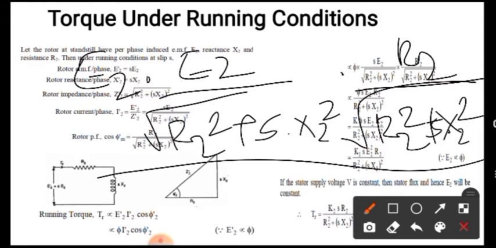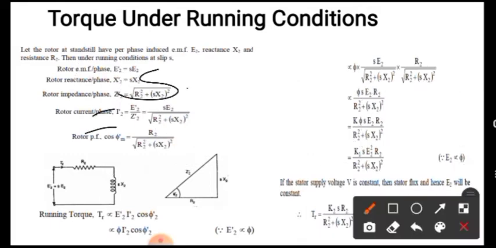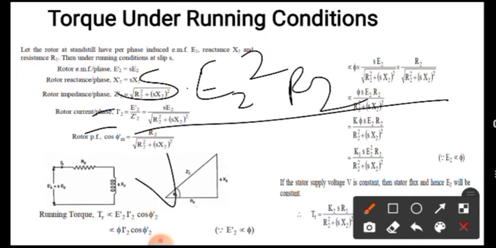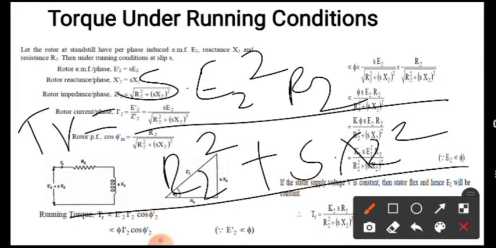To simplify this equation, we get S E2² R2 divided by (R2² + (S X2)²). So this is the value of torque under running condition.